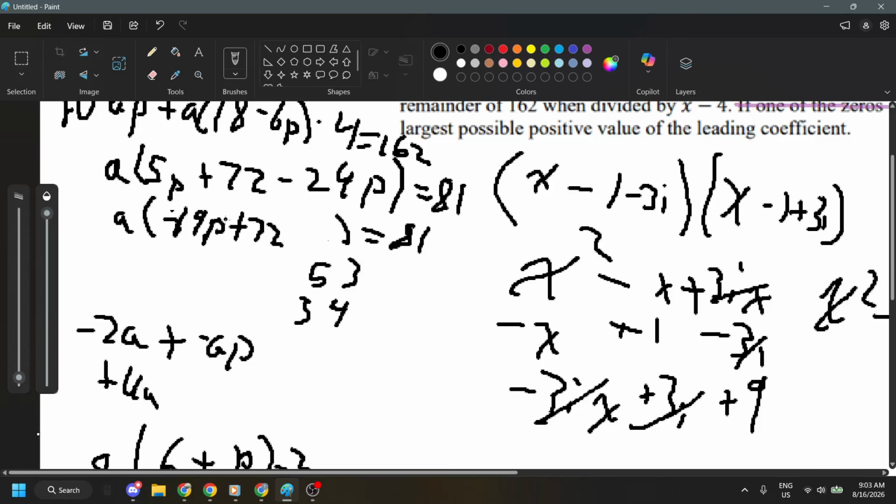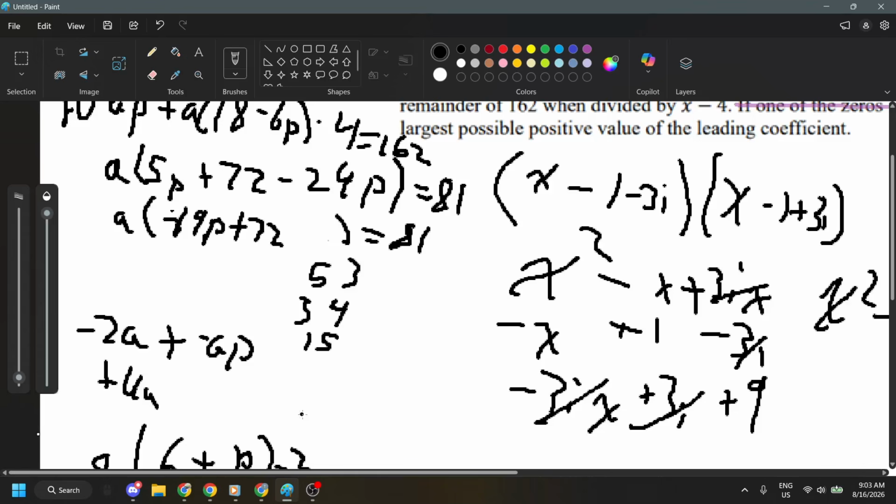When p is 3, this is going to be 57. 72 minus 57 is 22 minus 7, which is 15. I don't know why, oh my gosh.